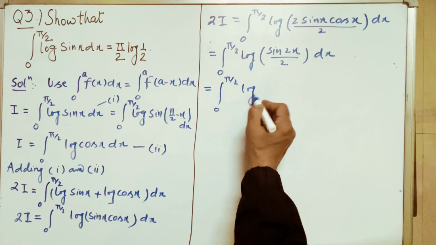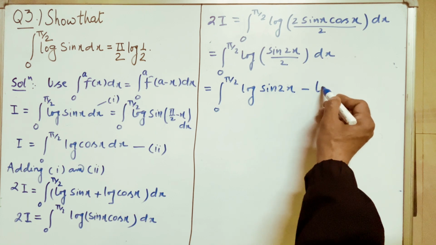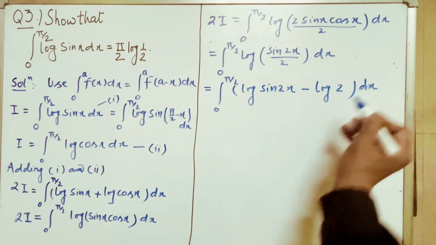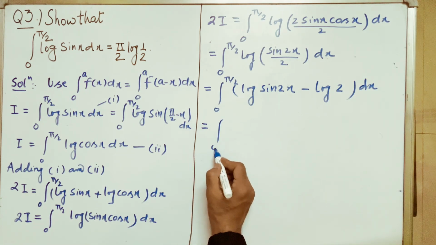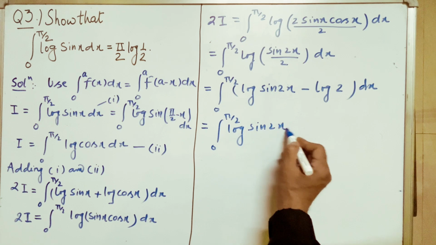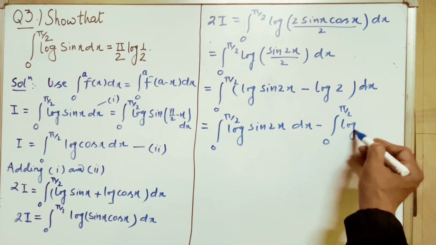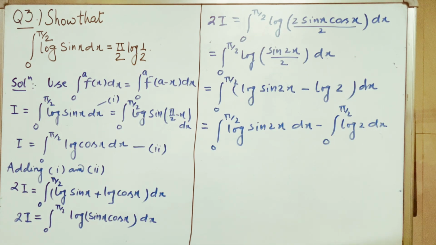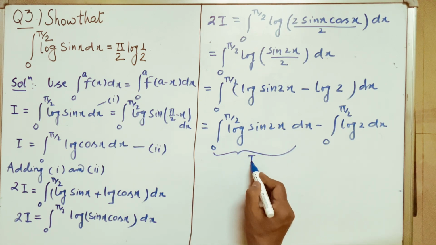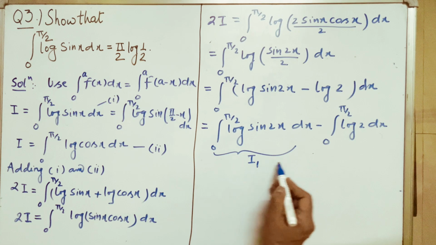Now here we'll use log m over n is log m minus log n. So this will be divided into two different integrals. So this we need to do separately. I'm giving it a name, say I1. So first we'll solve this one.